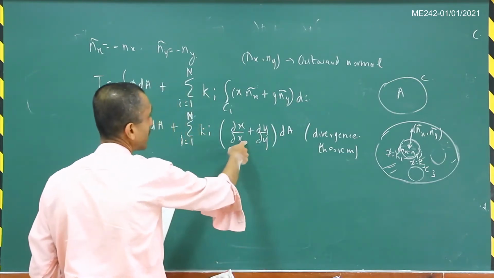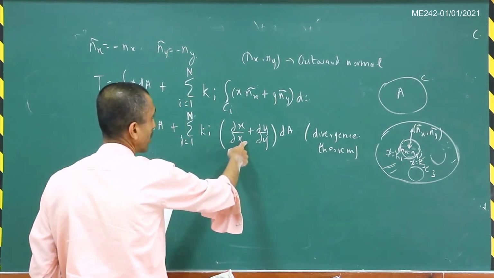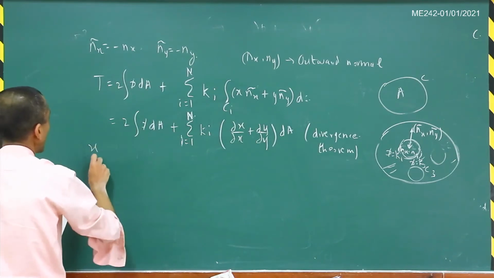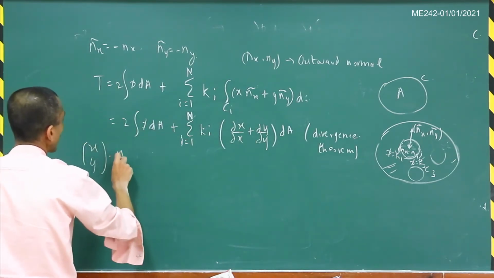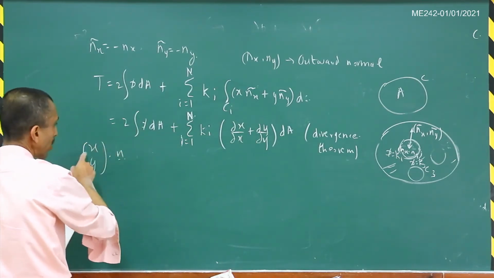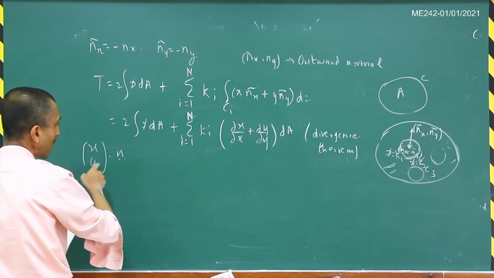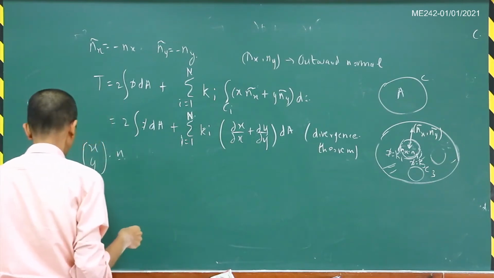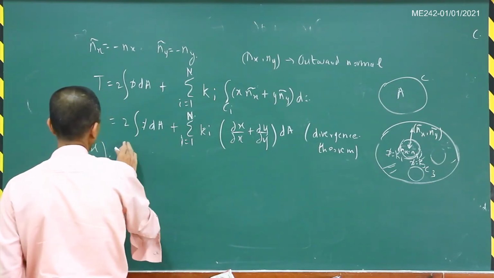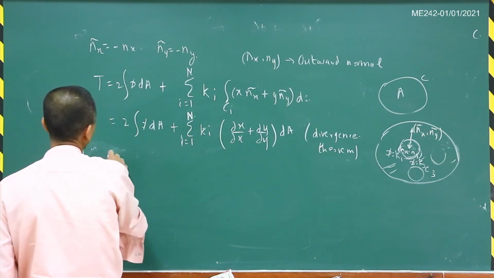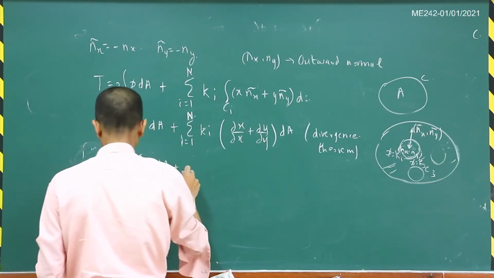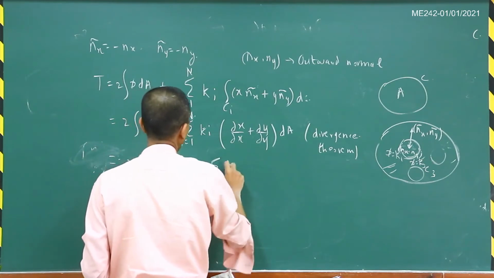I'm just applying the divergence theorem in this particular case. So here you can write this as (x, y) dot n, right? And so this will be del dot of (x, y), and that will be given by this particular expression here. So this is equal to 2 times integral of phi dA plus 2 times summation ki.